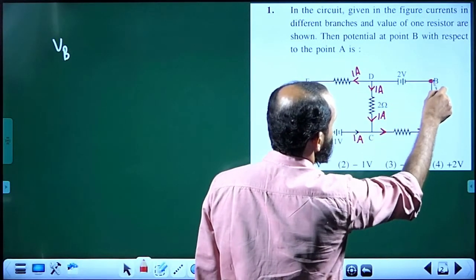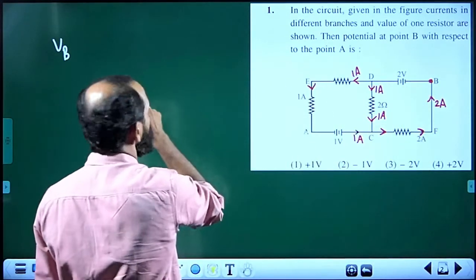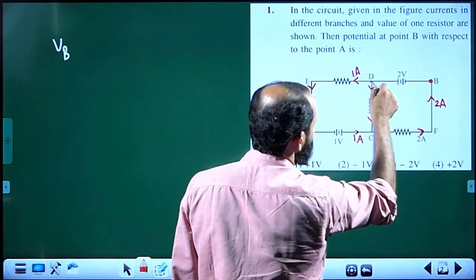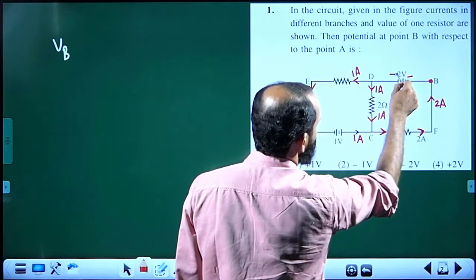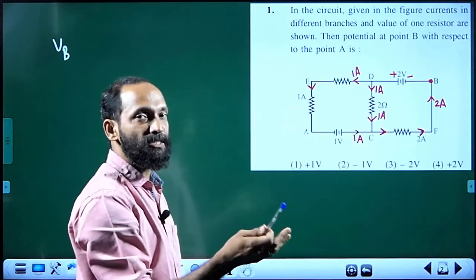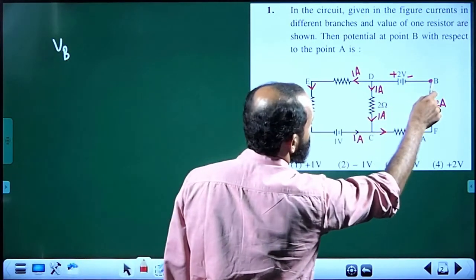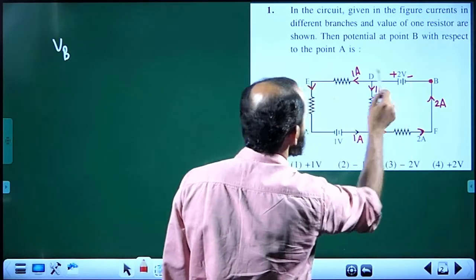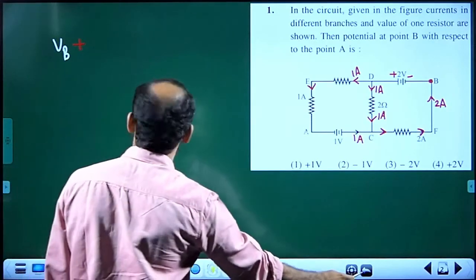Okay, take B as positive, so moving to the left to D, there is a potential gain because you are moving from minus to plus. I am using the convention potential gain positive and potential drop negative. So, from B to D there is a potential gain as we move from minus to plus. So, that is plus 2.